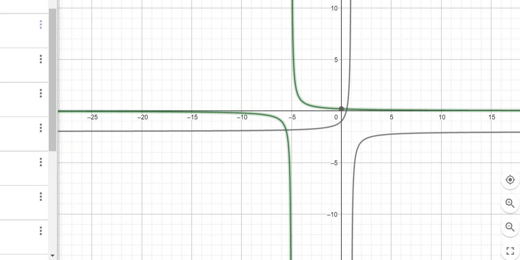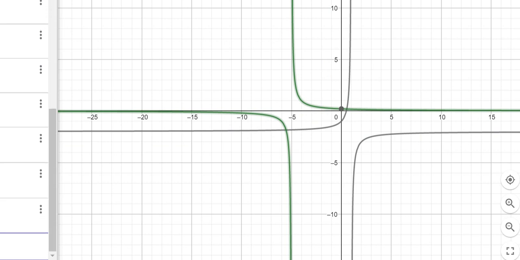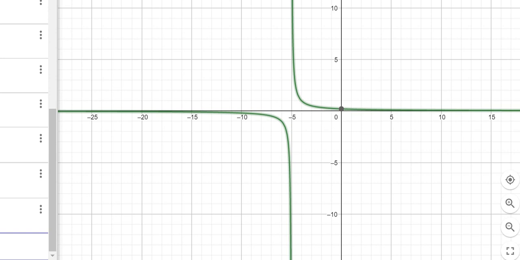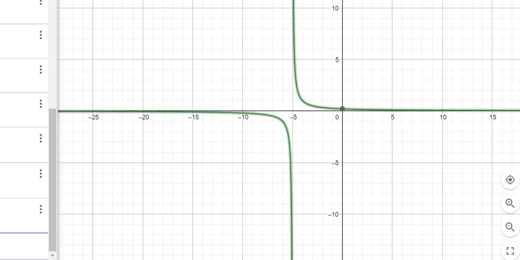Let me delete all the previous ones so you can see a clean one. Okay. You see, my origin is not 0, 0. My origin is moving. It's here now. The plus 5 becomes the B, my vertical asymptote. So it will never reach the B, the 5 in this case.